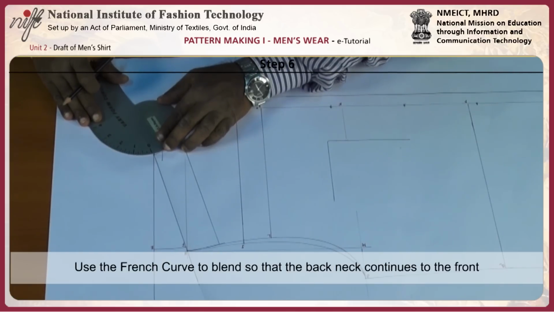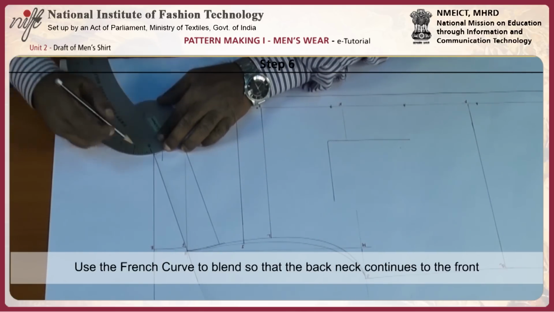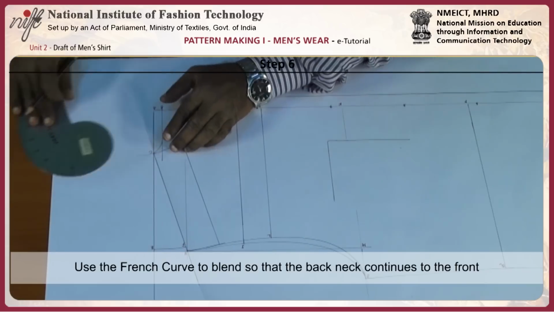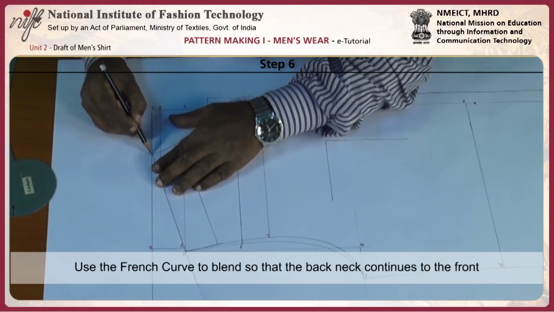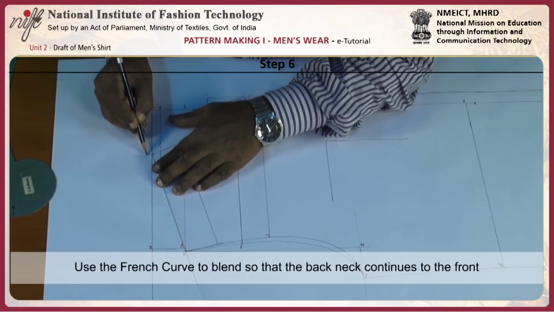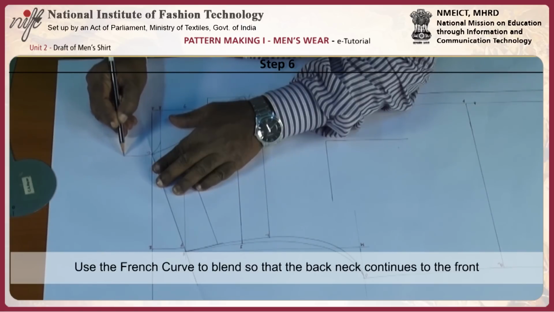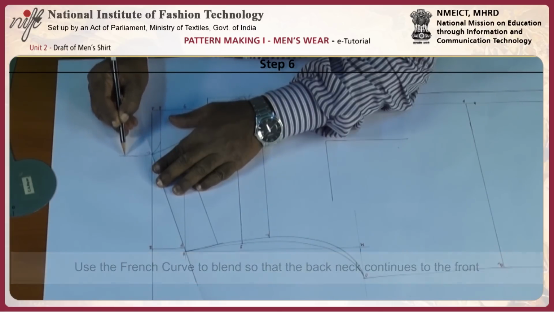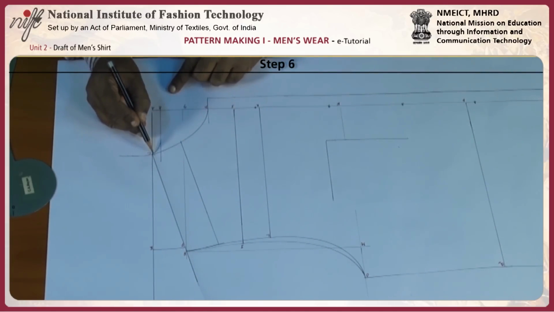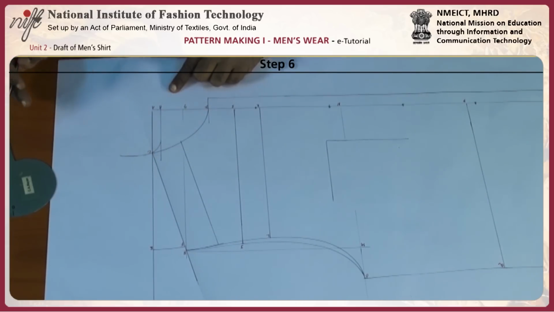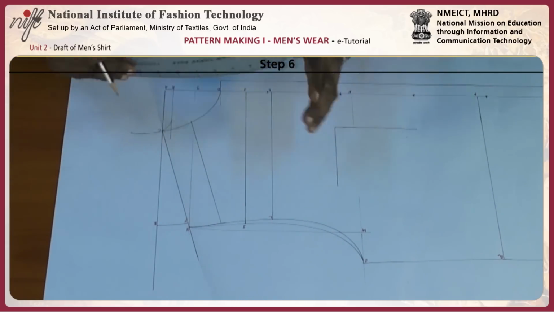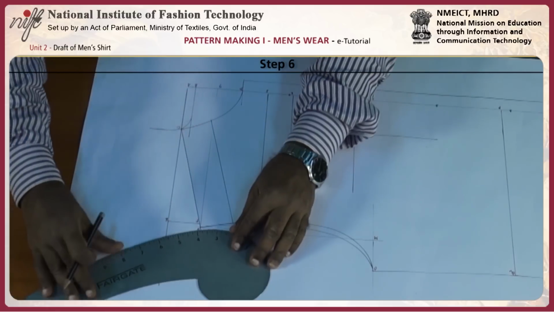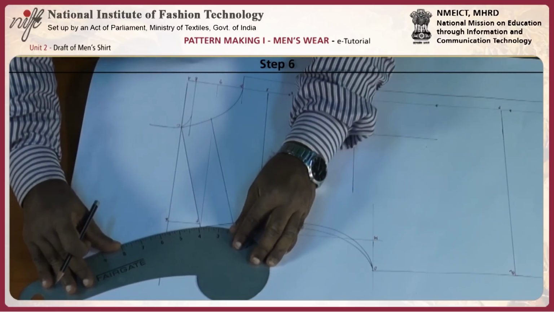You can blend so that the continuation of the back neck continues to this with the front. You can see this, the continuation goes like this. Then here you can use the French curve.